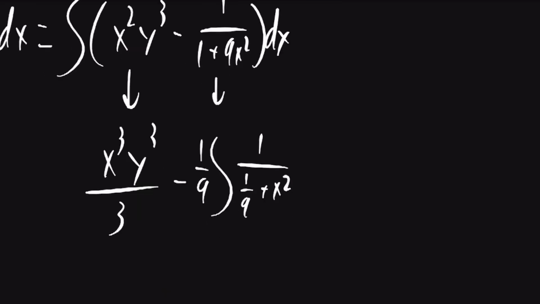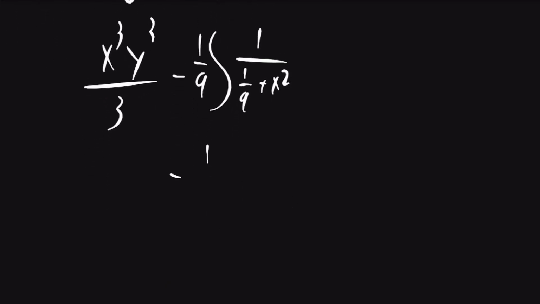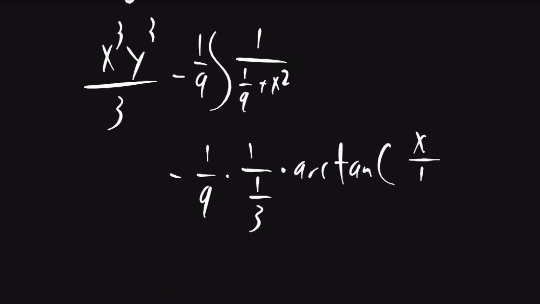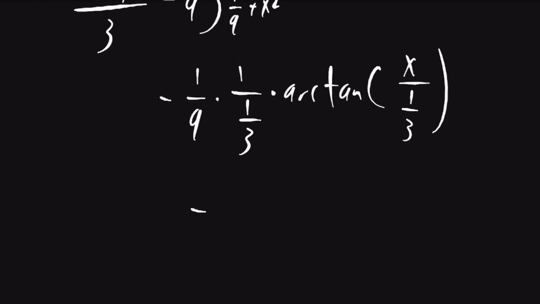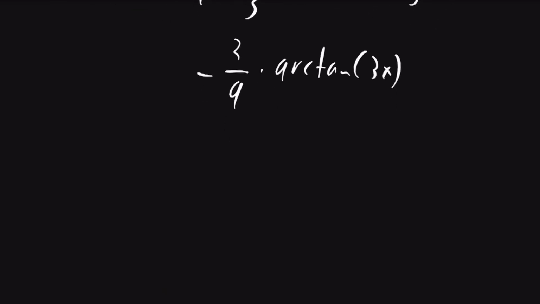We can use the arctangent formula for this. It'll be 1/9 times 1 over 1/3 times arctangent of x over 1/3, which will be negative 3 over 9 times arctangent of 3x, which will be negative 1/3 arctangent of 3x.